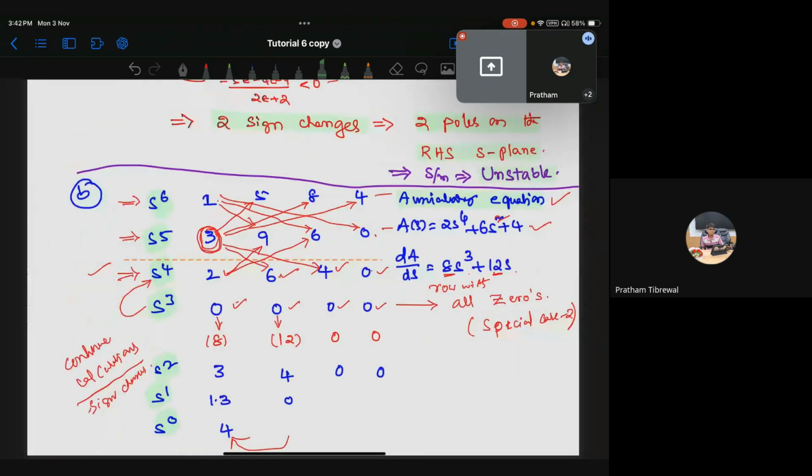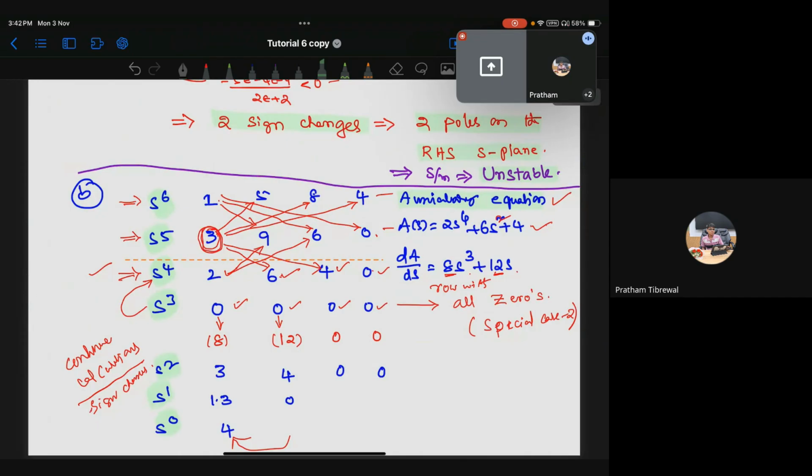I was just checking that. There is no sign change in the first column, so it's stable? No, it's not stable, it is not unstable. It's marginally stable.